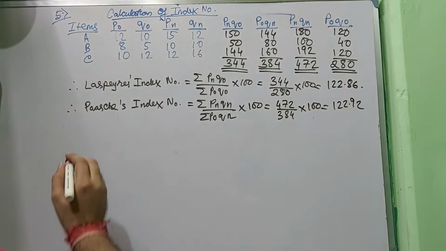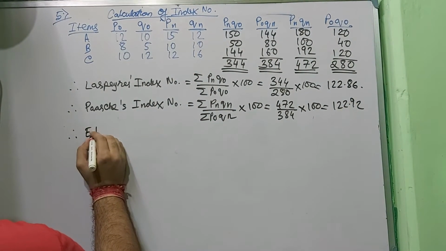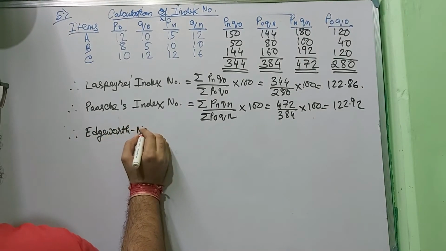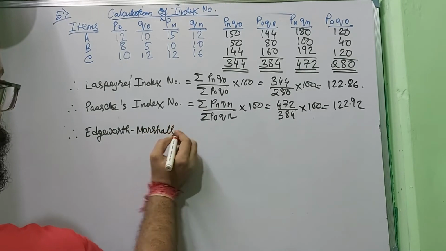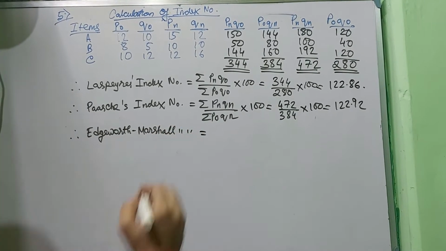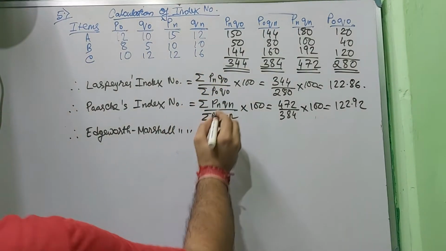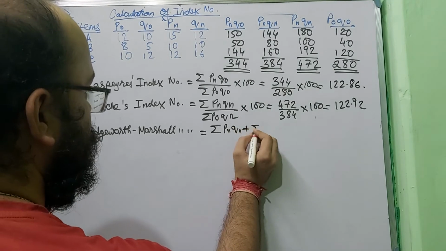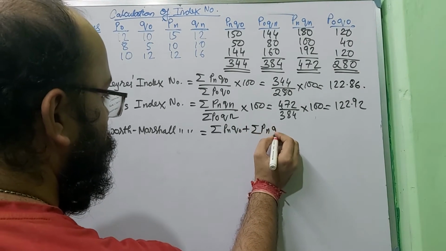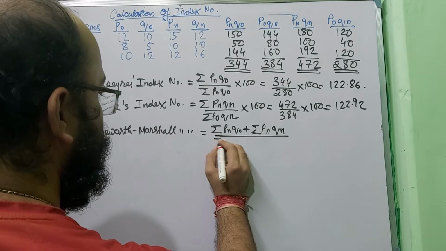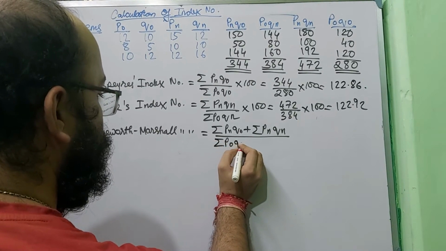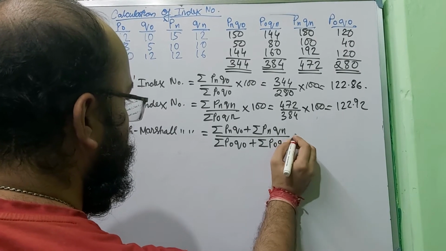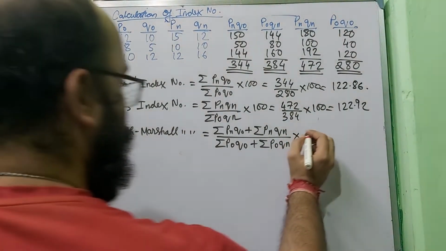Now it's Edgeworth-Marshall. The Edgeworth-Marshall index number is basically these two added: summation of Pn Q0 plus summation of Pn Qn, divided by summation of P0 Q0 plus summation of P0 Qn, into 100.